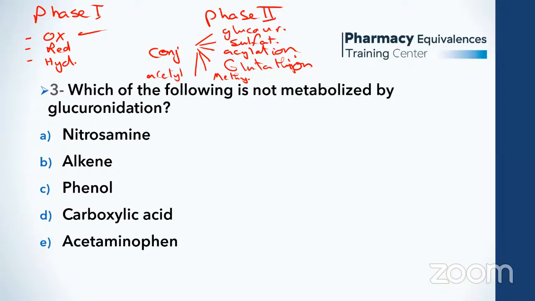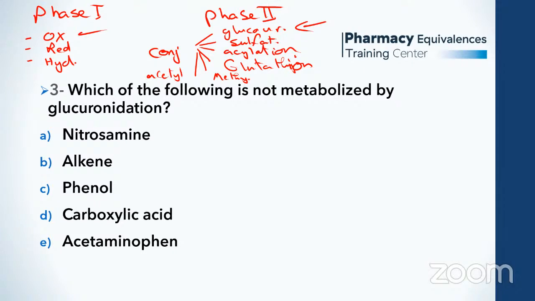Those are the 6 types of conjugation reactions. Which is the most common? It is glucuronidation. What is the meaning of conjugation? Conjugation is adding the conjugate to the main drug to convert it mostly to a polar compound which is easily excreted from the kidney.